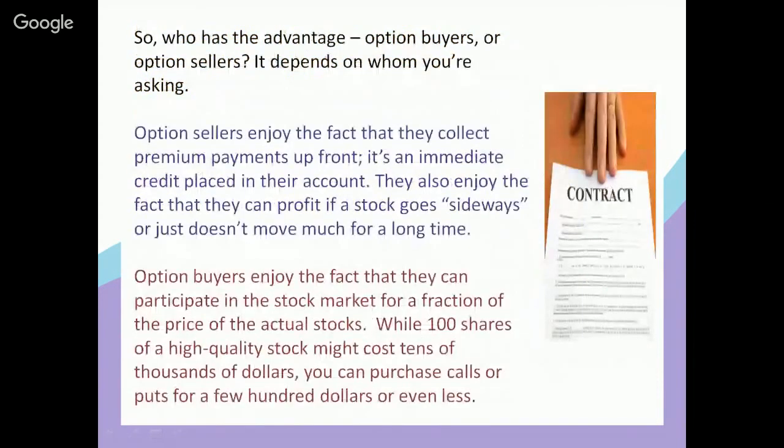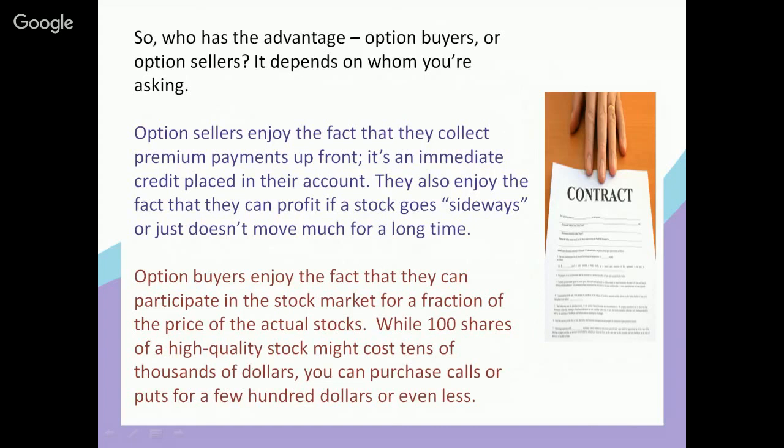So, who has the advantage, option buyers or option sellers? Well, it depends on whom you're asking. Option sellers enjoy the fact that they collect premium payments up front. It's an immediate credit placed in their account, so they get a little bit of money immediately as soon as the option sale goes through.